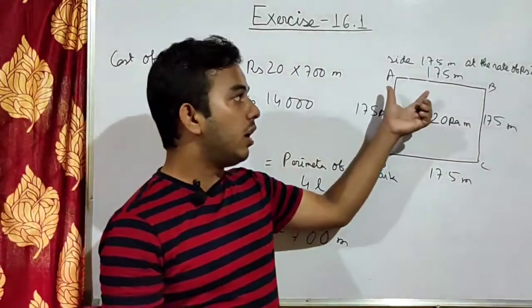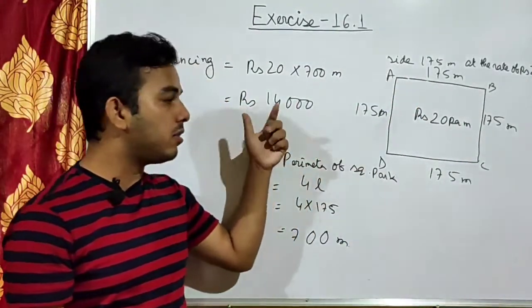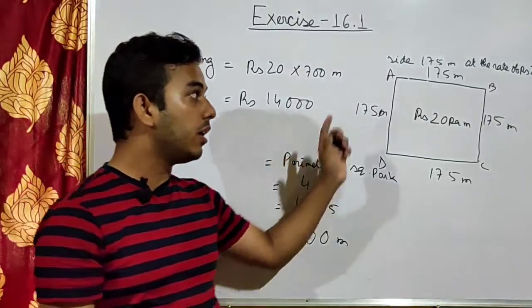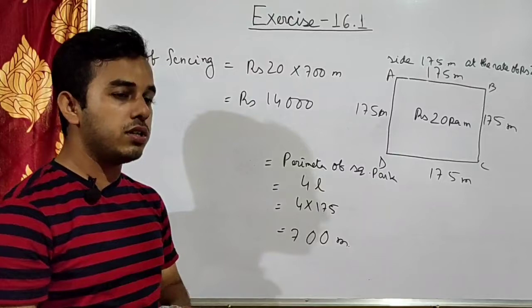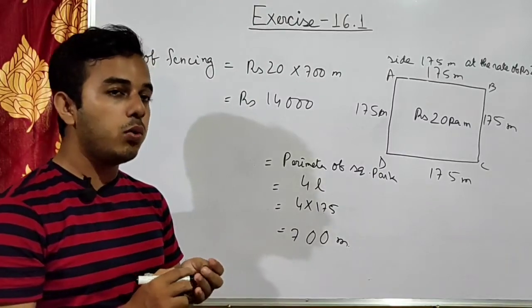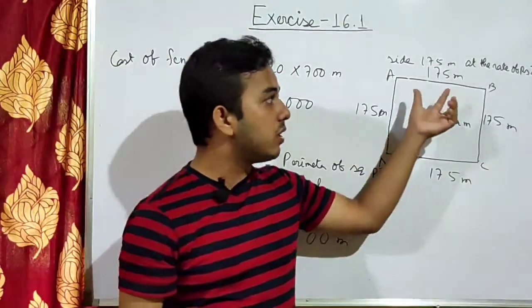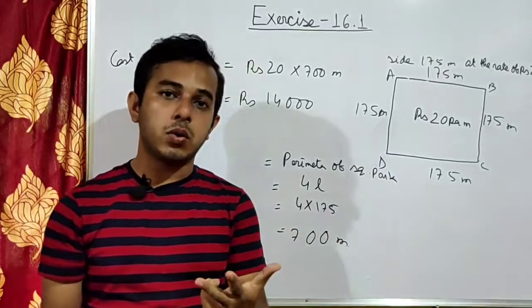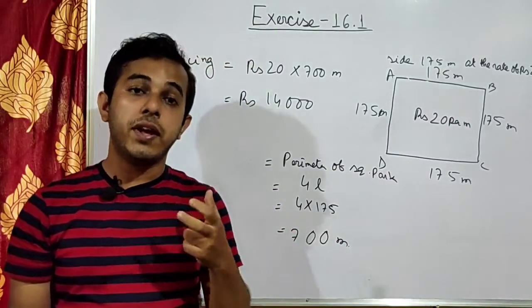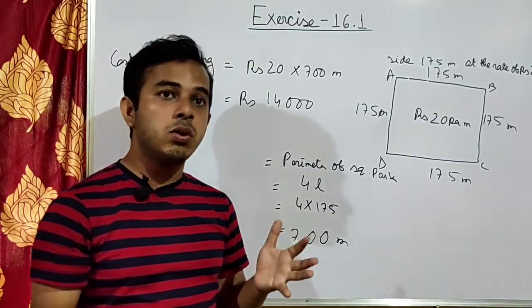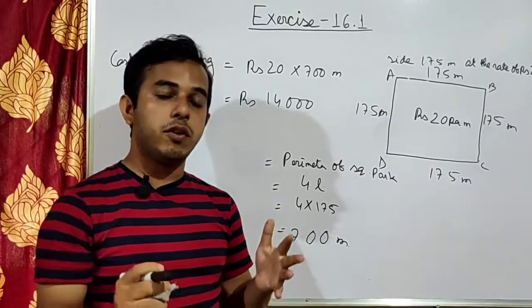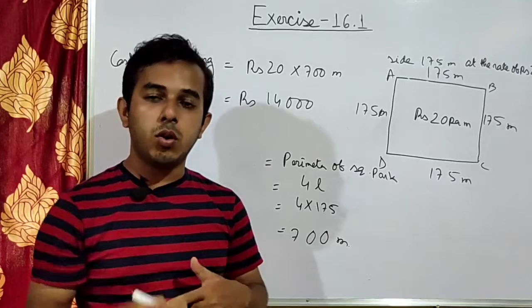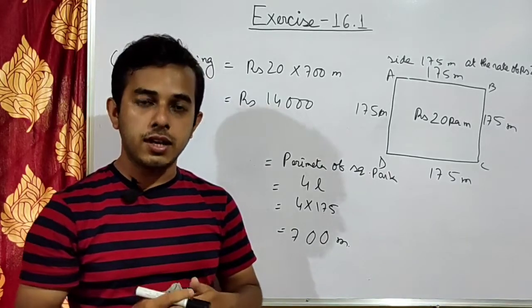So after paying this amount, the mason will start his work. This is how we can find it. This is actually based on perimeter, right? We have to think about what is given in the question. Here the question says fencing. Fencing means we have to cover all this length of the boundary, right?